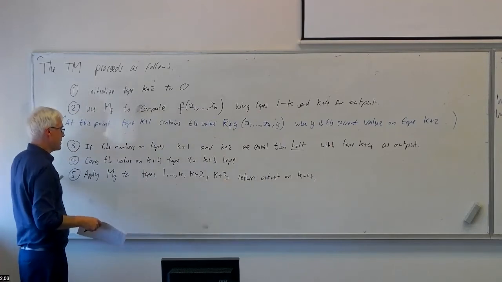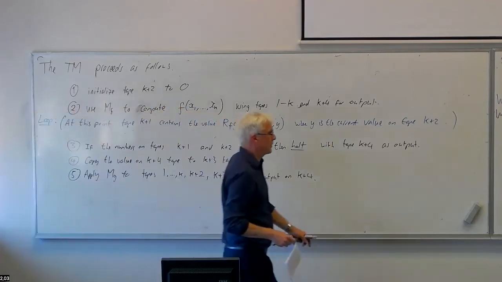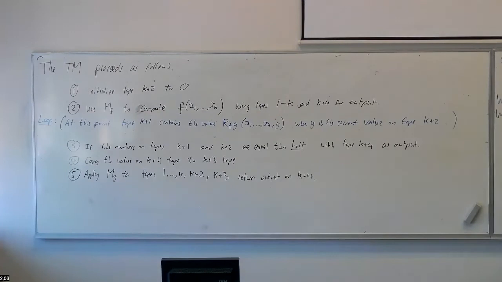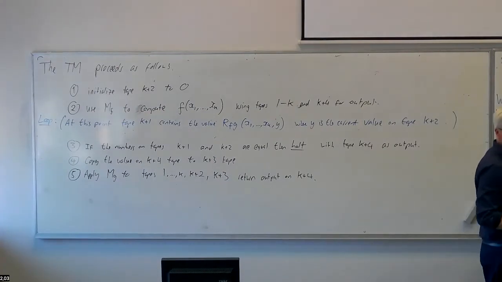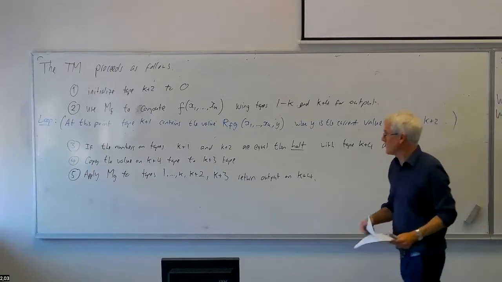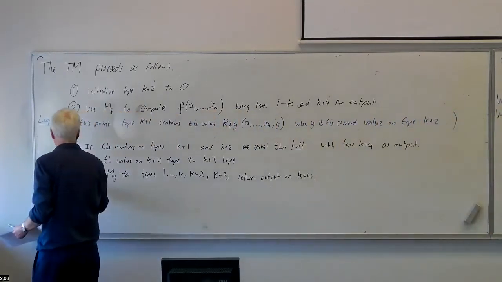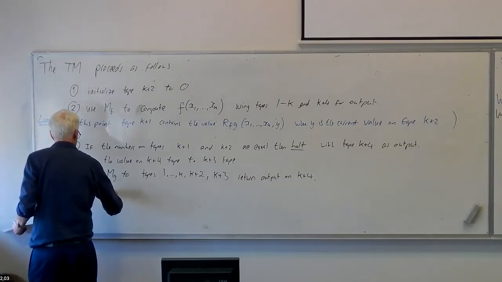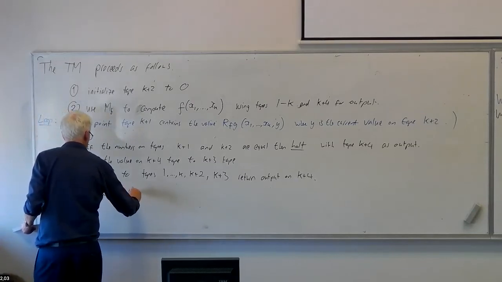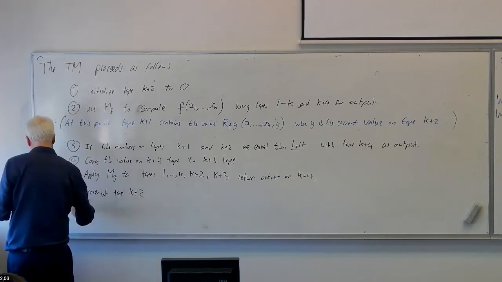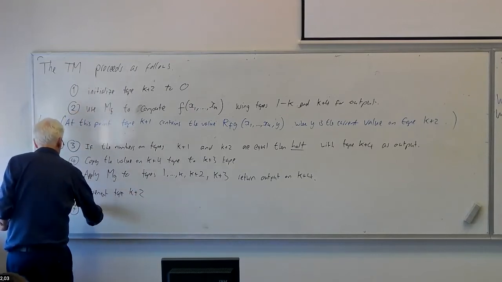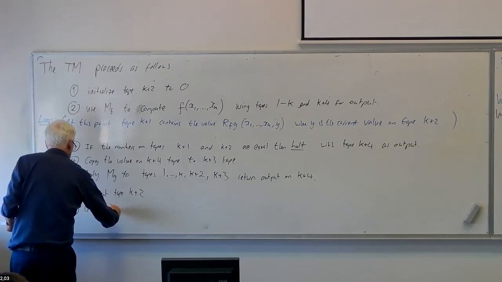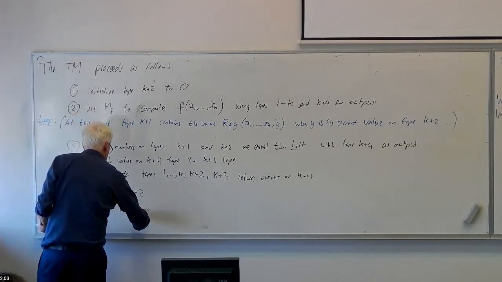Anyway, once we've done this, we've got the next value of RFG on the k plus 4 tape. We can now increment the counter and then go back to the loop. So 6 is increment tape k plus 2, and 7 is go back to loop.